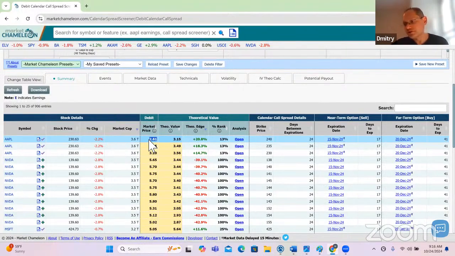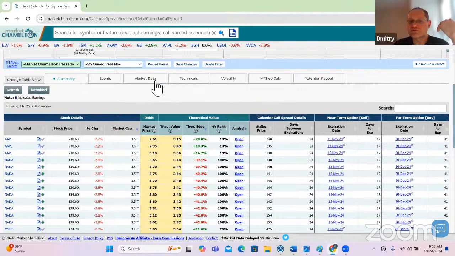So if you bought the ask price on December 20th and sold on the bid price on November 15th, that's the displayed price that it's saying you could execute it on, right? But of course, that's just one reference price that we start evaluating it.